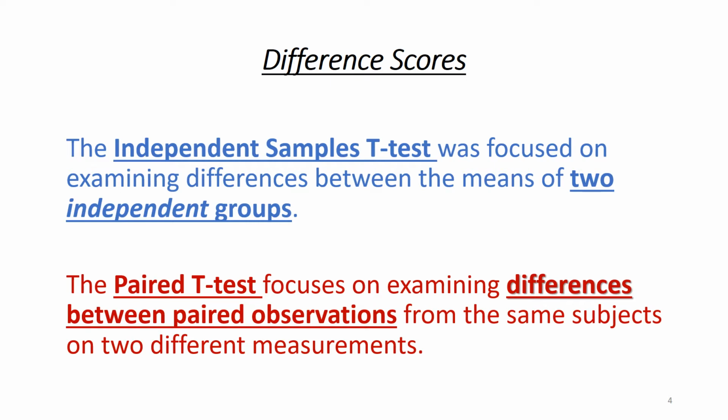Those two different measurements can be a pre-test and a post-test, as we saw with the SAT example, or they can be two different measurements like we saw with direct versus indirect intervention in a domestic violence situation. But the key thing here is each observation in group one has to have a pair in group two, so then we can compute what is known as a difference score. So let's go ahead and take a look at an example of how that works. So let's move on to the next slide.